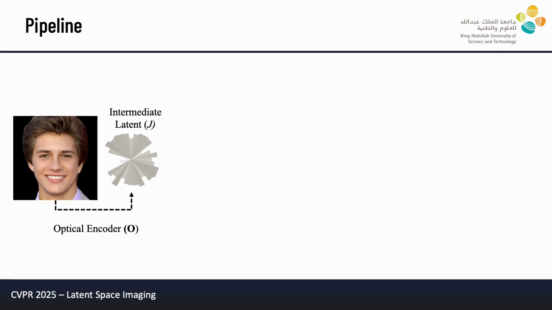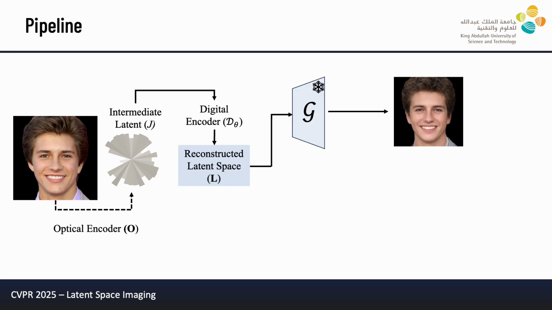The optical encoder embeds the image signal into a compressed set of measurements, called intermediate latent. This is performed by a matrix multiplication with binary optimized patterns. Then the digital encoder, a lightweight neural network, enriches the signal by modeling the nonlinear operations needed to match the latent space of a frozen generative model, enabling image reconstruction.